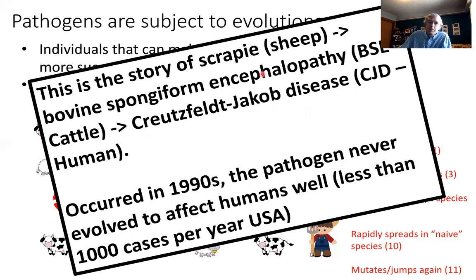This process of jumping from sheep to cattle to humans occurred in the 1990s. However, fortunately, when it got into humans, the pathogen never really evolved to affect humans well. So there were less than 1,000 cases per year in the USA. It's absolutely awful when it does get in, but it didn't get into humans all that well, which was quite helpful.